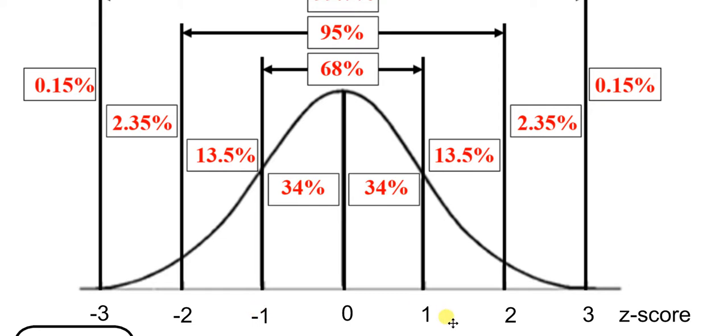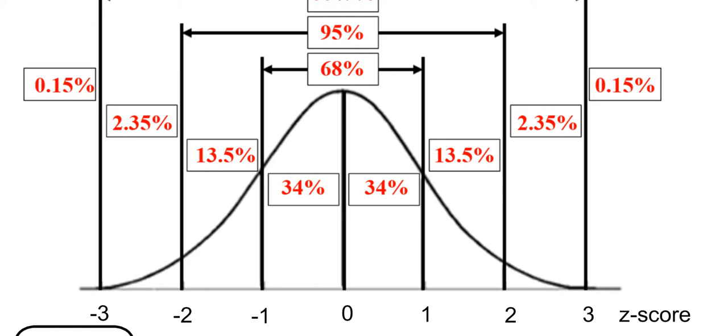If it's between -1 and 1, then 68% of the data falls within that. If you add up from below -3 all the way to 0, that's 50%. If you add up all these boxes right here, that's 100%.